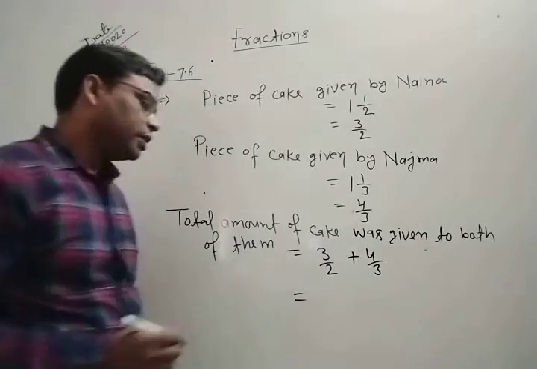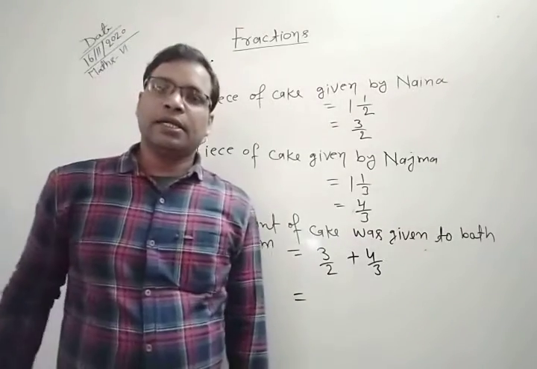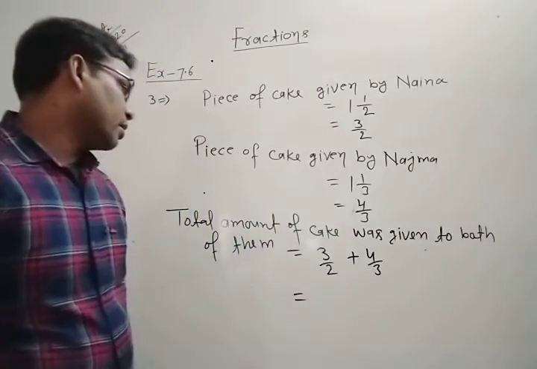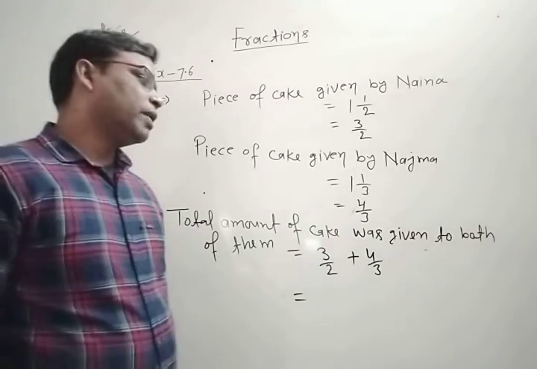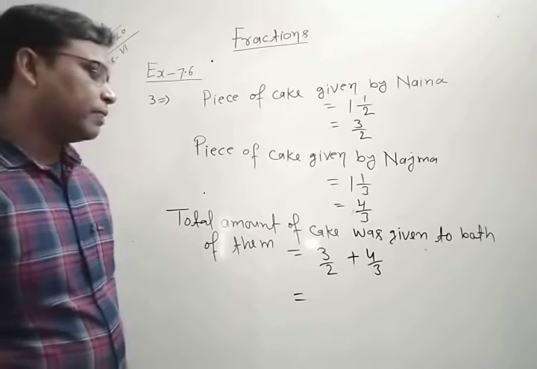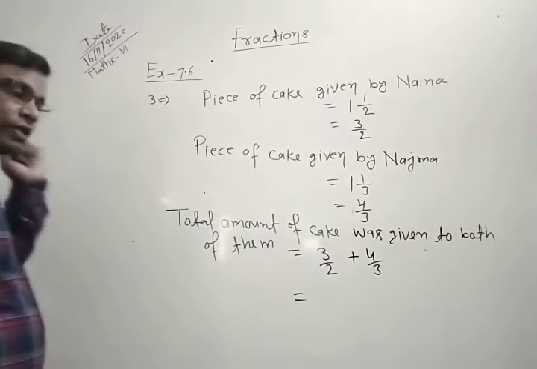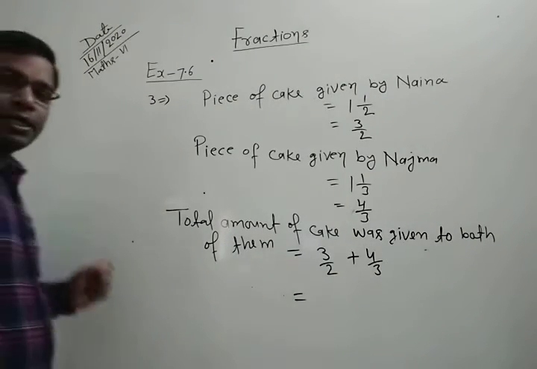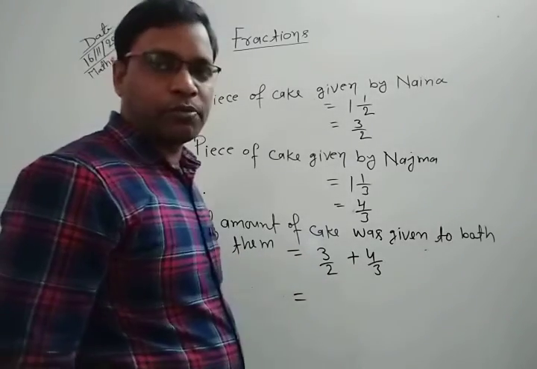If we add 3/2 and 4/3, then we obtain the total amount of cake given to both of them. So we add them: 3/2 plus 4/3.